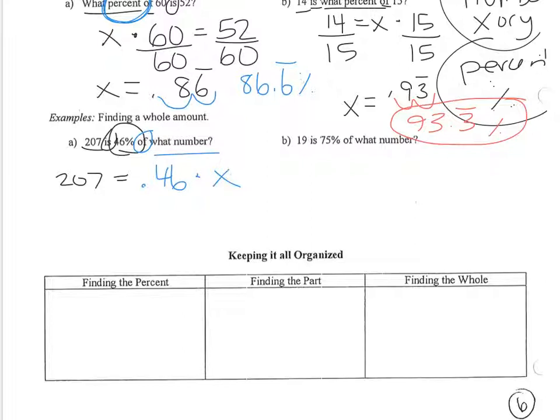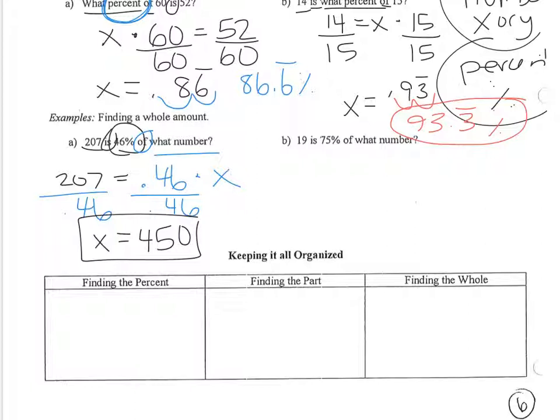X. So to solve for x, you divide both sides by 0.46. So 207 divided by 0.46 is 450. And I don't have to move the decimal over because I'm asking what number, not what percent.